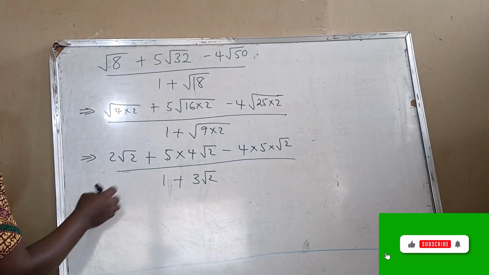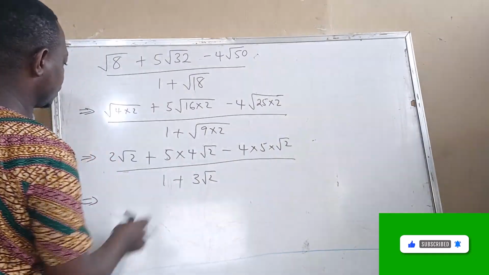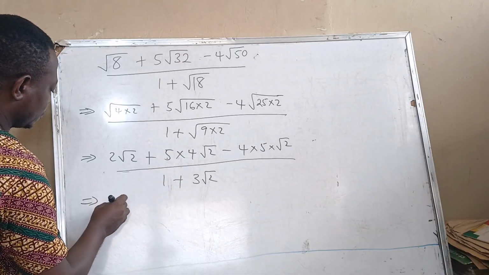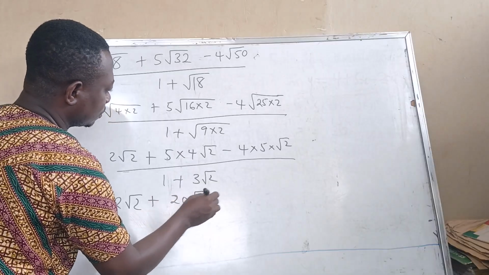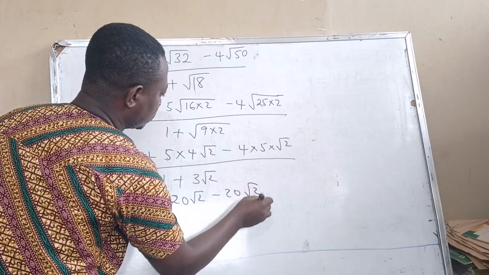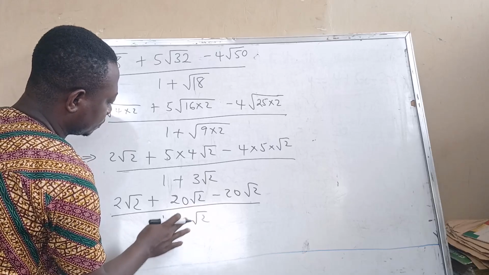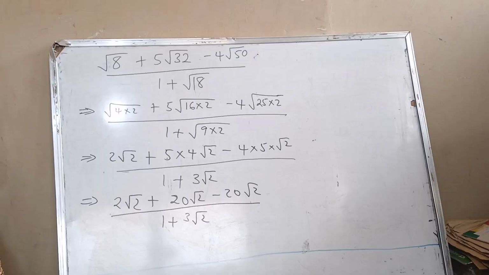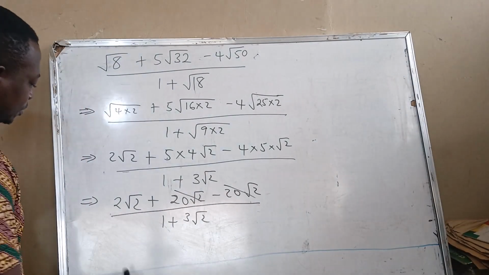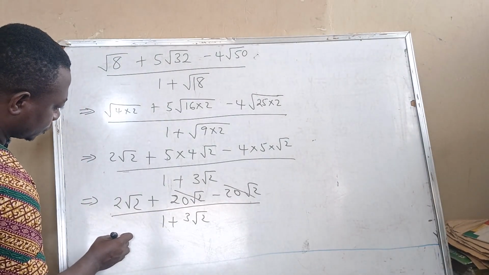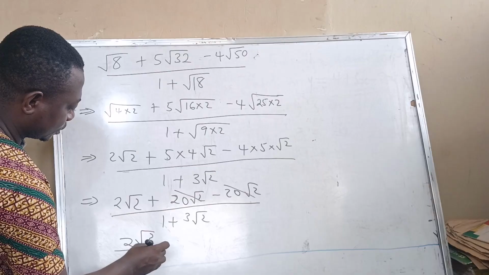Okay, so we can deal with the numerator. 2 plus 20 minus 20, so this one will cancel, they are the same, whereby this side will be 2 root 2 over 1 plus 3 root 2.